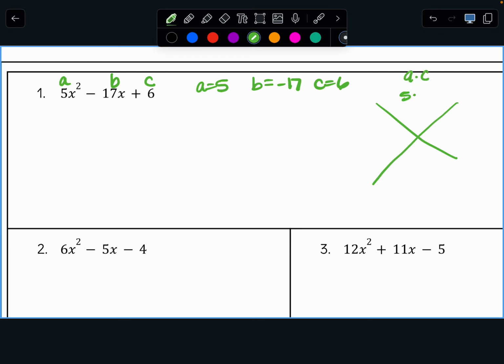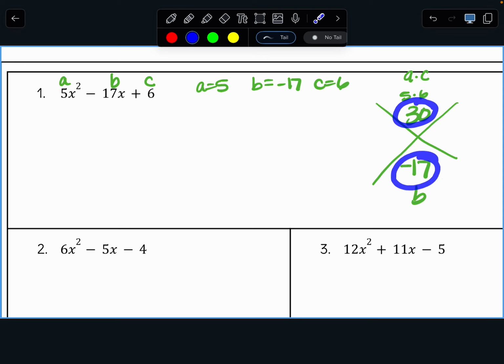So A times C, 5 times 6 is 30, and then B is negative 17. Because this is positive, but this is negative, that means that both of my numbers are going to be negative.